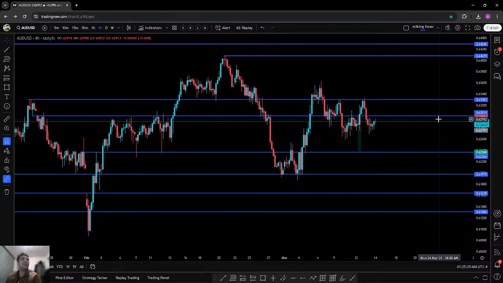So when we see AUD USD right here, we can see that this is a good structure for a downtrend, because there was a break around here, prices came back, pulled back into this break, this neckline right here. And then we saw another push on the downside, and again a neckline right here.